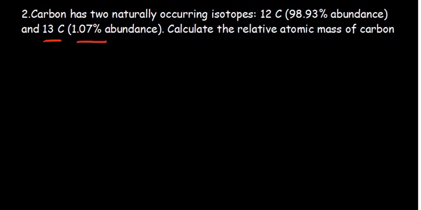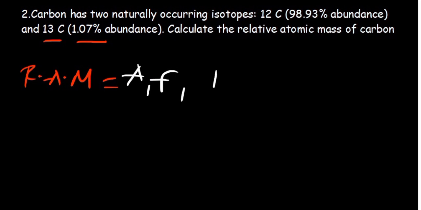So the relative atomic mass is basically going to be given using this formula. Okay. So it is going to go by the atomic mass that you have, or the molar mass that you have. So for carbon 12, that is where we're going to put the 12.